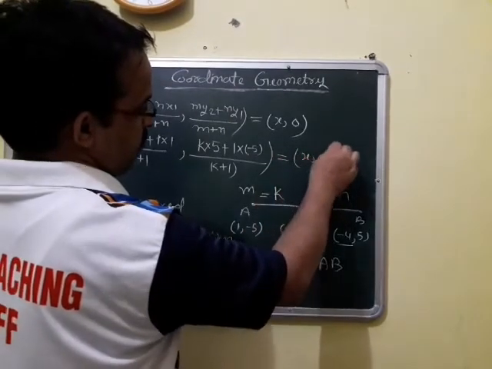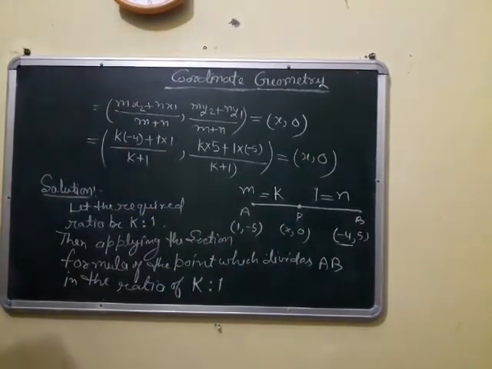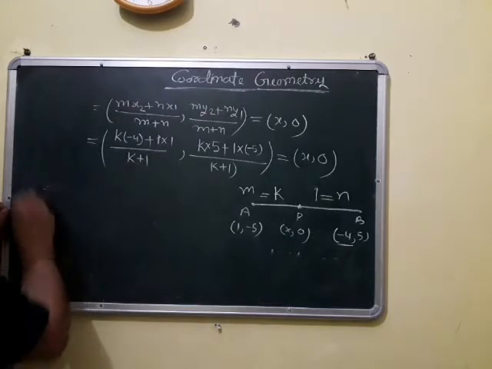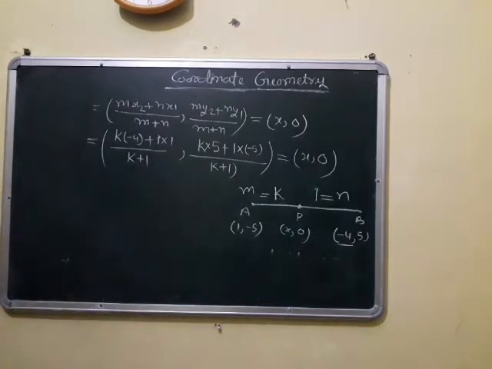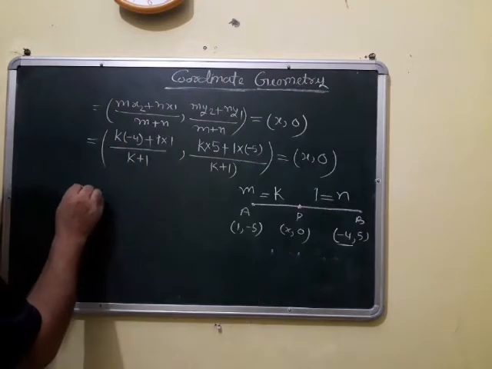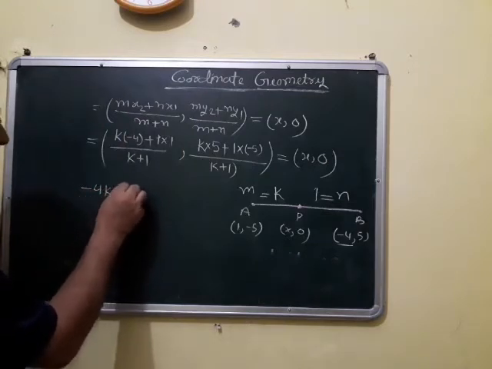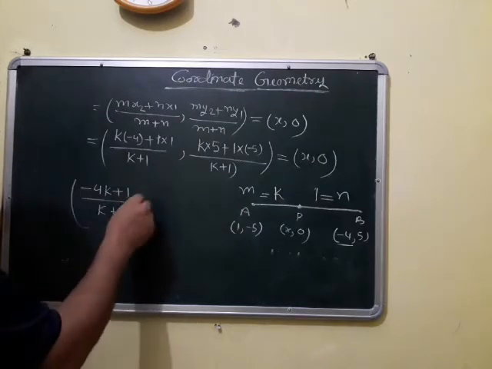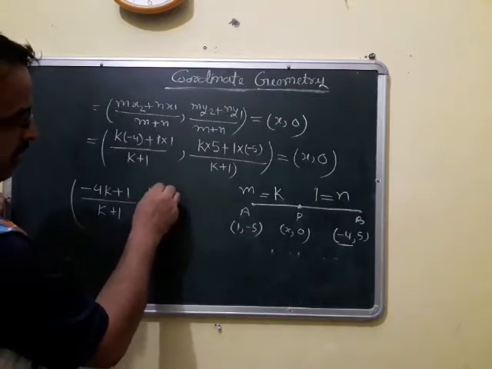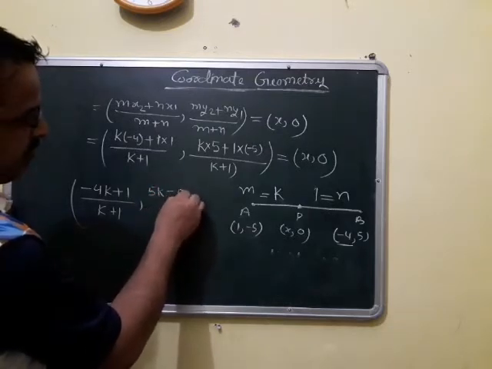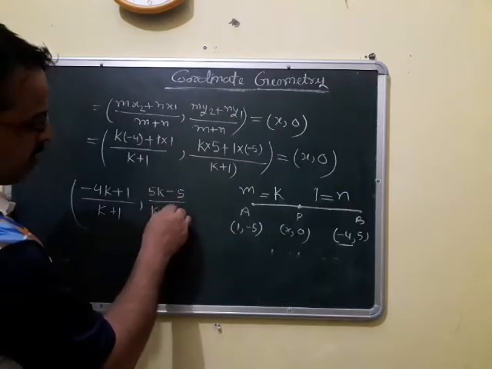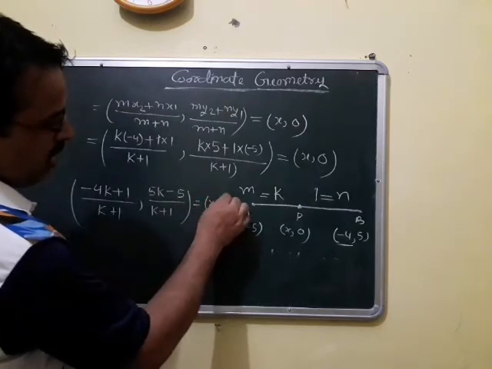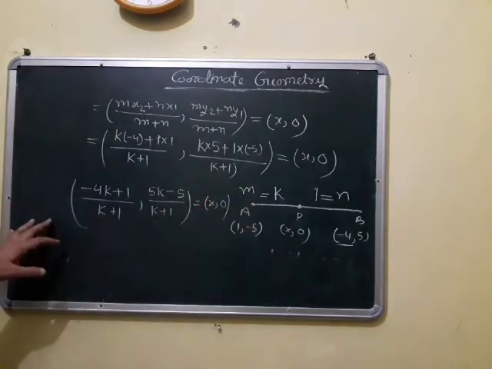X, 0. Now look here, what do we get? Minus 4k plus 1 upon k plus 1, this is the x portion, and the y portion is 5k minus 5 upon k plus 1 equal to x, 0. This is clear.